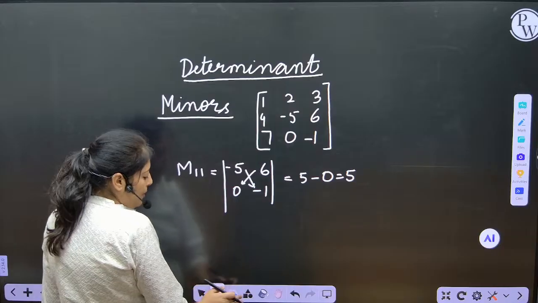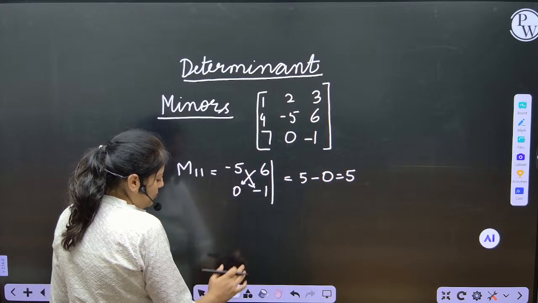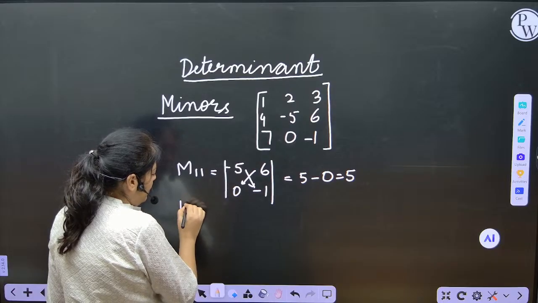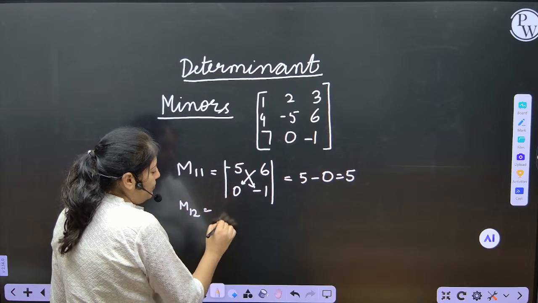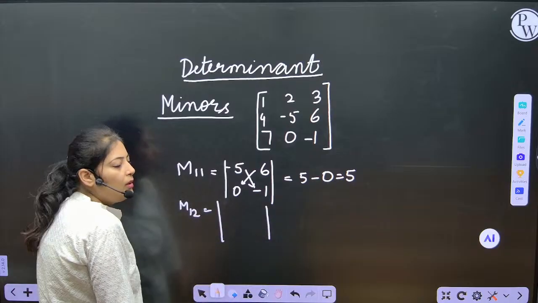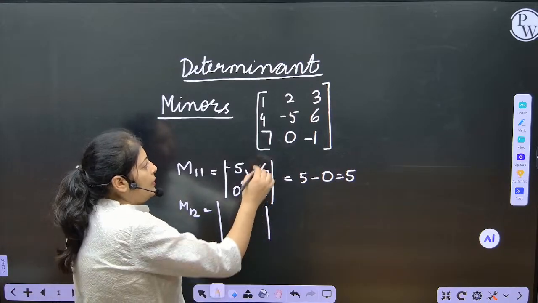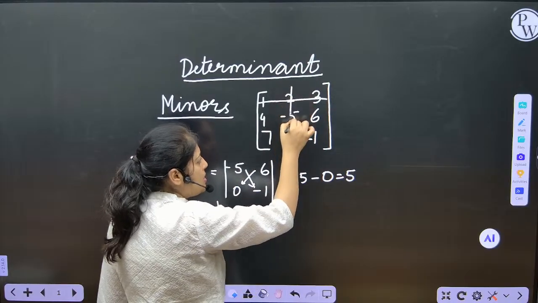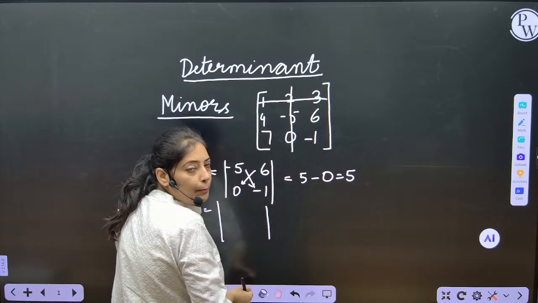Now we'll talk about M12. That means first row, second column. Leave them.